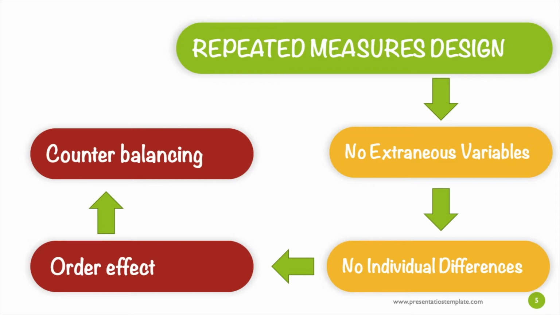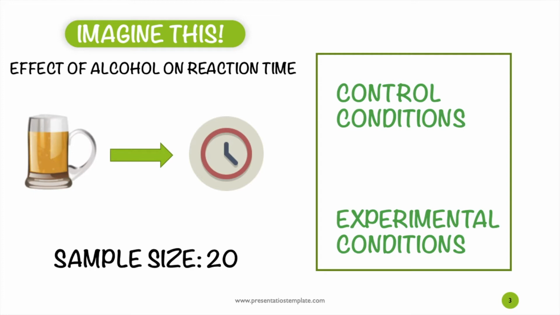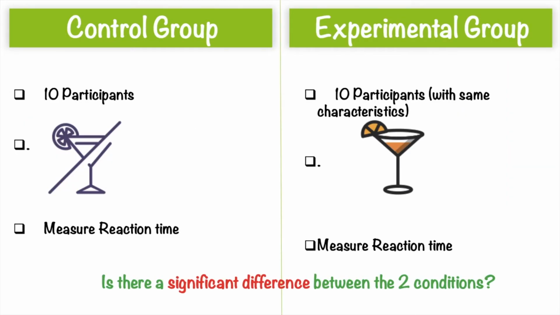Now finally, let's look at the match pair design. So again, let's go back to our example with 20 participants and the effect of alcohol on reaction time. Here, what we do is, it will be independent participants in both the conditions.